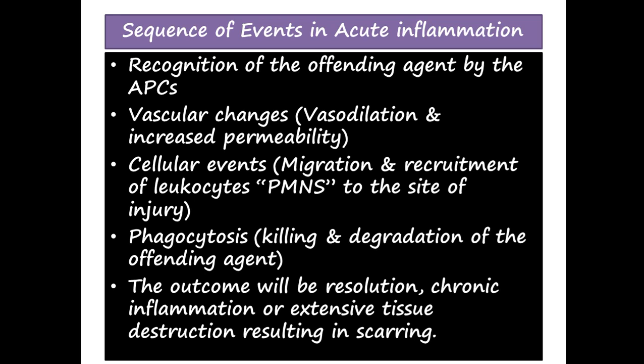Now, these phagocytes will kill and degrade the offending agent, for example, a bacterium or a virus, and they do so by a process known as phagocytosis. They engulf the invading agent, for example the bacterium, and inside these inflammatory cells in their cytoplasm, they kill these microorganisms by the process of phagocytosis that we discuss in detail next.